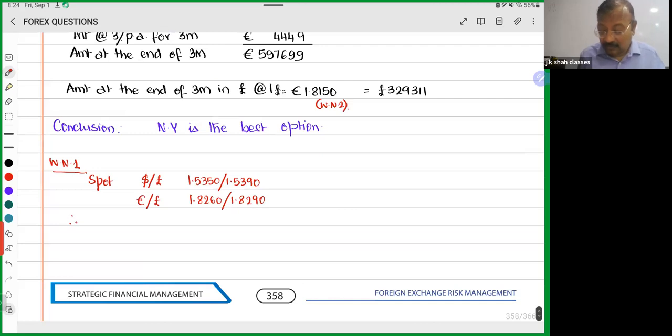Therefore, dollar pound, sorry, dollar euro, dollar pound into pound euro.